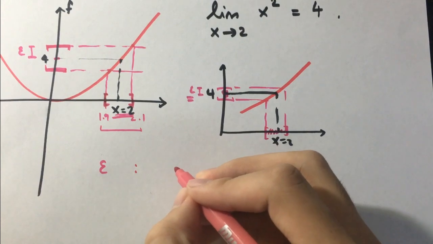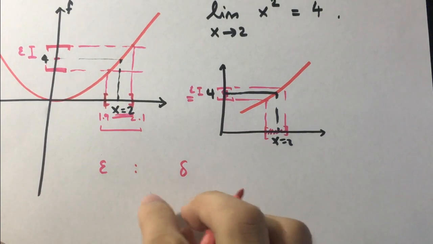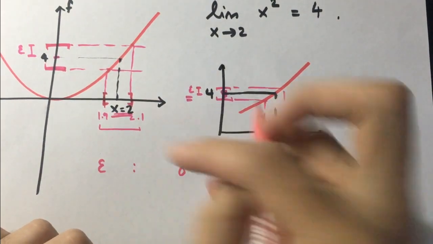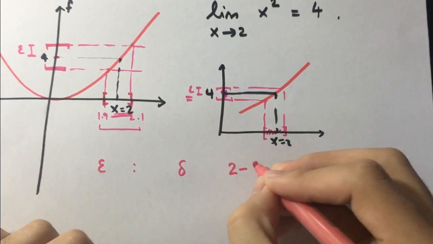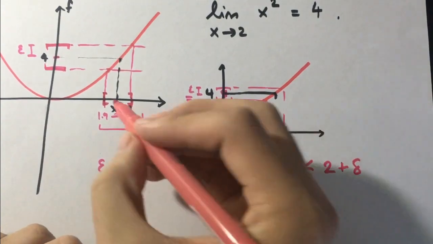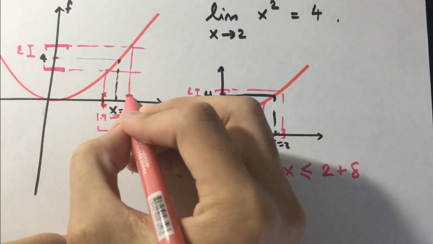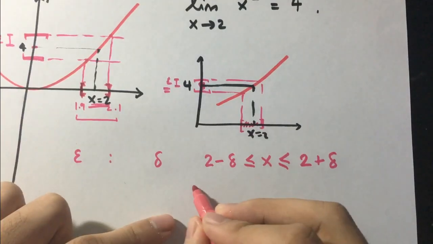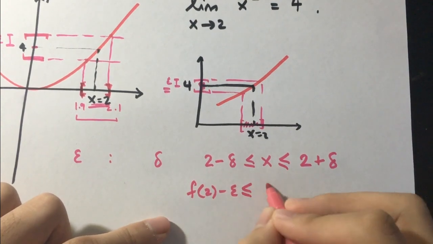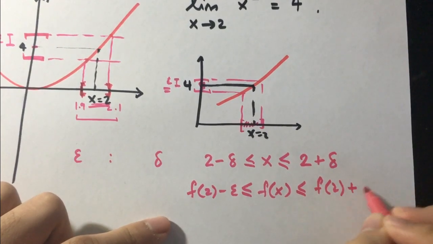So I can find some delta, where all of the numbers, in this case 2 minus delta less than x less than 2 plus delta, such that f of 2 minus epsilon is less than f of x less than f of 2 plus epsilon.